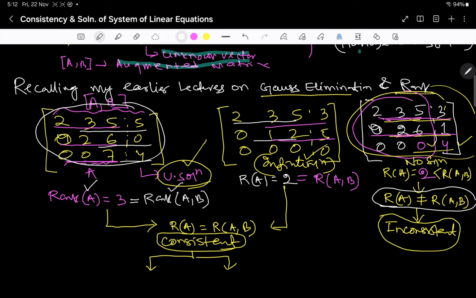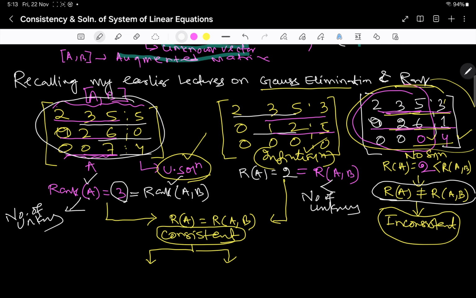But in the first case, what do we see here? We see the rank of the coefficient matrix is the same as the augmented matrix, and is equal to the number of unknowns. The number of unknowns is 3 here, but here it is smaller than the number of unknowns. Is not it? So what is our observation now?